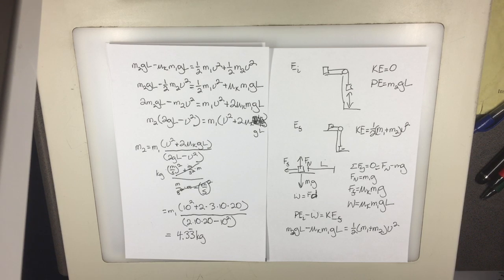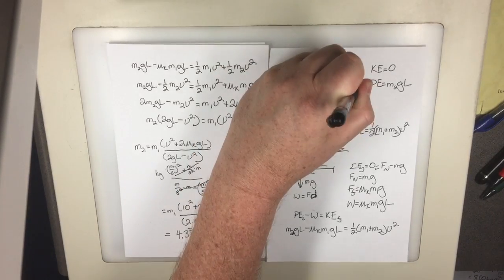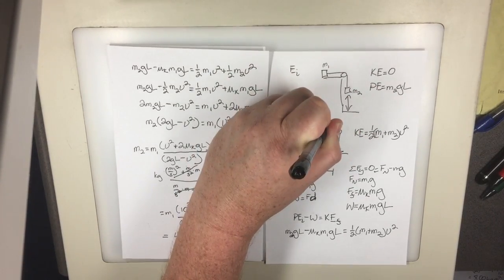Okay, so on the first step, after you go from potential energy minus work is equal to kinetic energy final, how do you know to use the second mass for potential energy and the first mass for the work? Well, in the picture, and that's one of the things that I didn't draw, the picture has M1 up top and M2 hanging.